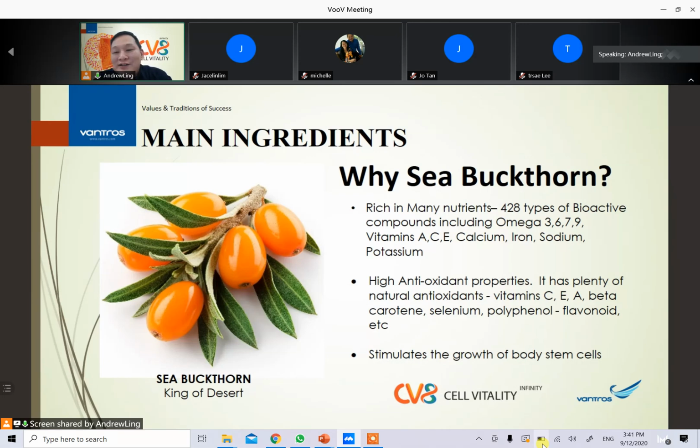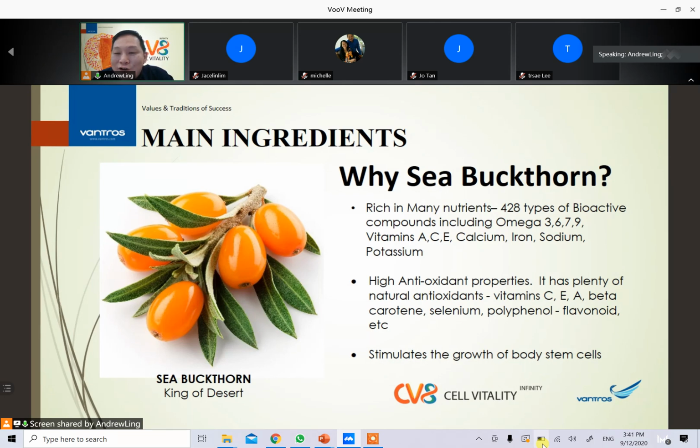Now, why is sea buckthorn so special that history has a lot of records on these particular fruits? Mainly because sea buckthorn contains a lot of nutrients. According to research, sea buckthorn contains about 428 types of nutrient compounds, including omega-3, 6, 7, 9, even vitamins, calcium, and all these things.